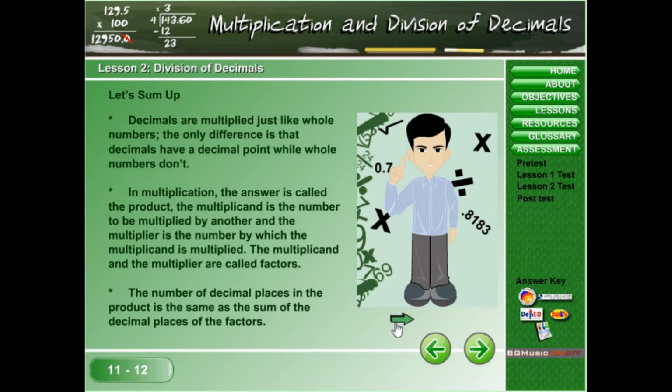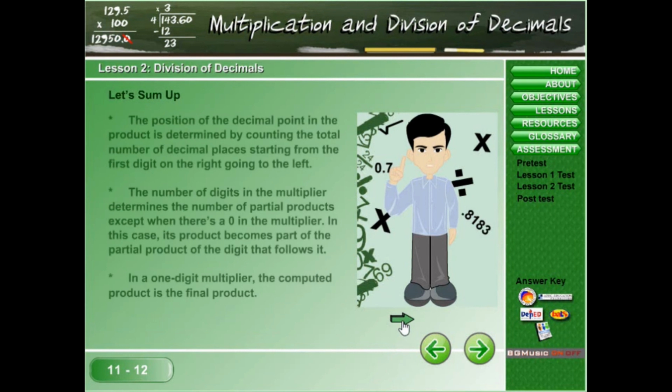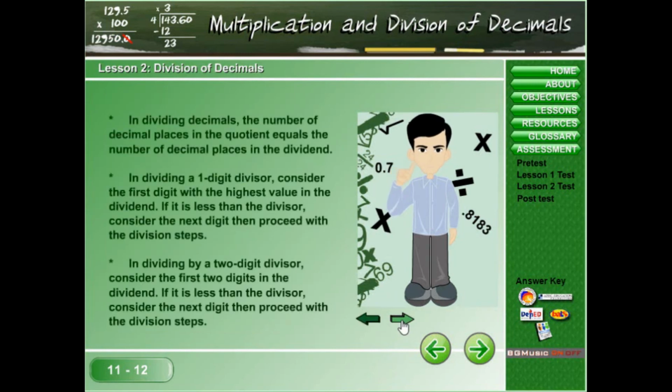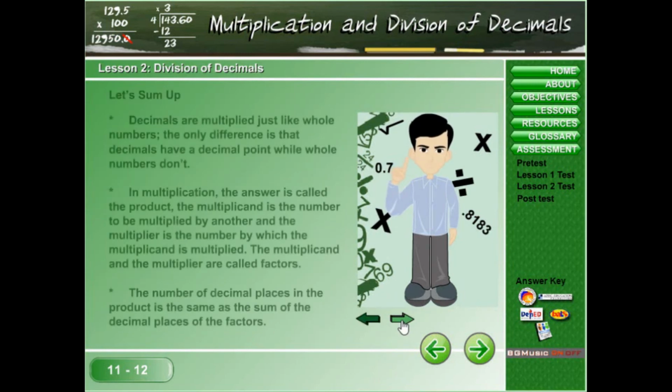The number of decimal places in the product is the same as the sum of the decimal places of the factors. The position of the decimal point in the product is determined by counting the total number of decimal places starting from the first digit on the right going to the left. In dividing decimals, let's sum up.